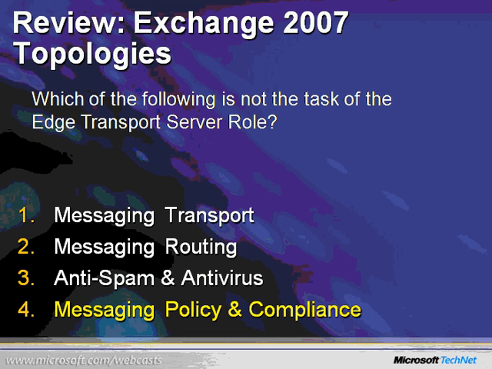It performs your message hygiene, so that's the anti-spam, antivirus, but it's not going to do the compliancy, the policy enforcement like your hub transport does for transport rules, for setting up ethical firewalls or doing journaling rules and so on. That's not the purpose of the Edge transport.